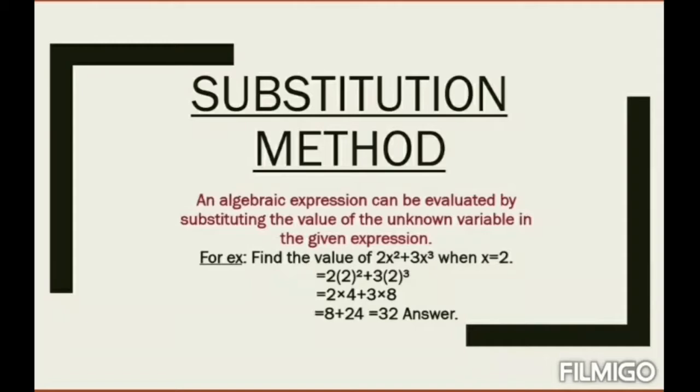So the expression becomes 2 into 2 square plus 3 into 2 cube. 2 square will be 4 and 2 cube will be 8. So 2 into 4 will be 8, plus 3 into 8 will be 24. And 8 plus 24 becomes 32. So the answer will be 32.